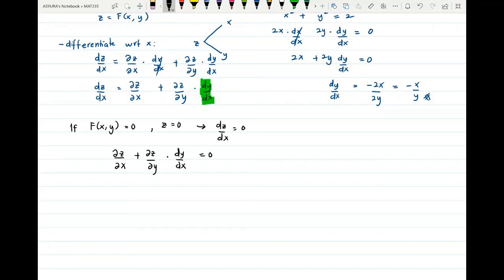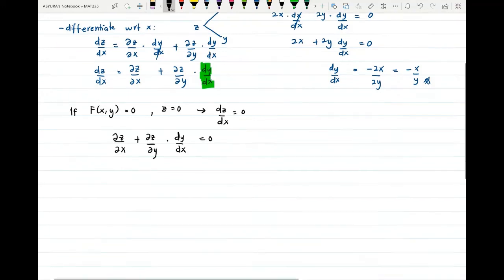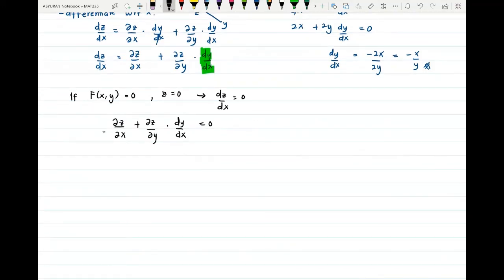When you simplify, you get the formula dy/dx equals negative partial dz/dx divided by partial dz/dy, or you can write it as negative zx divided by zy.